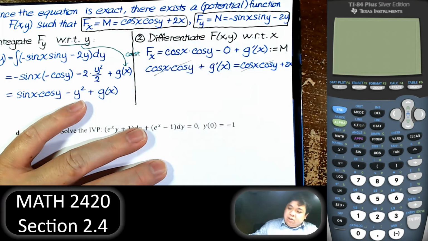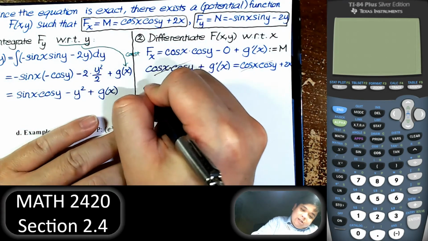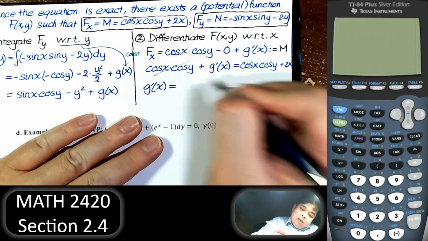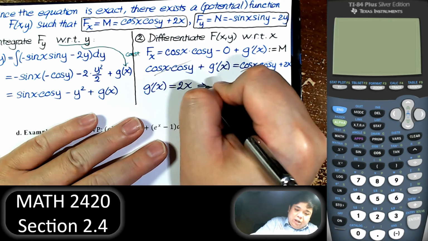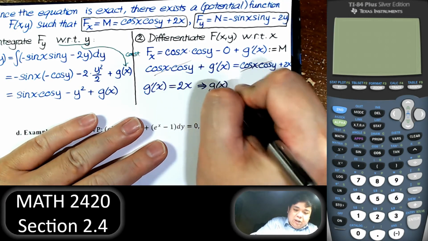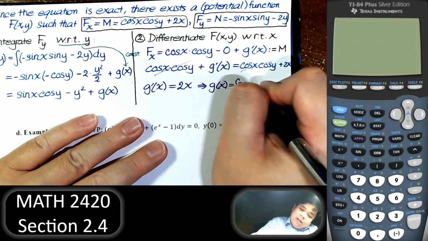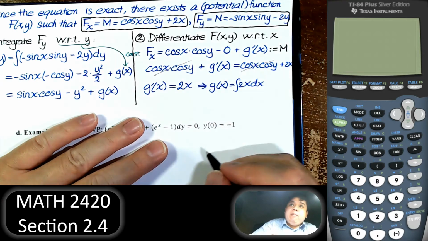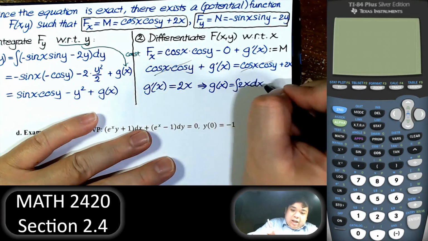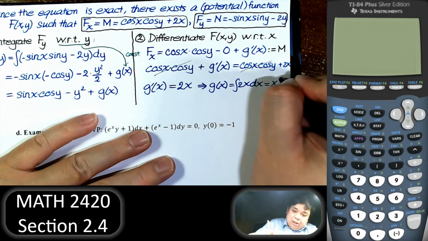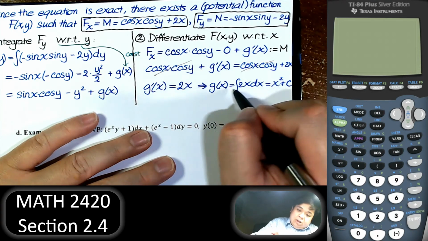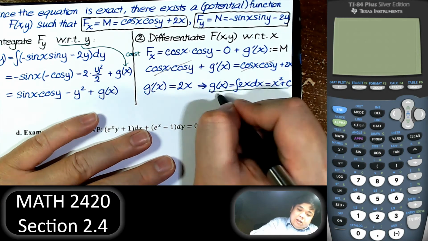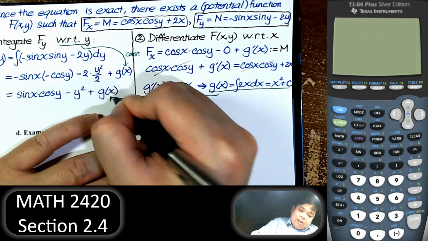Cancel those out. g prime of x equal to 2x. So integrate: g of x equal to the integral of 2x dx, which is x squared plus c. And then we will substitute this into this g of x.